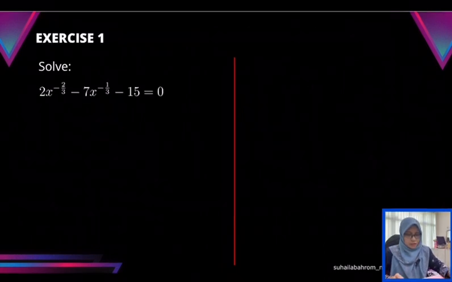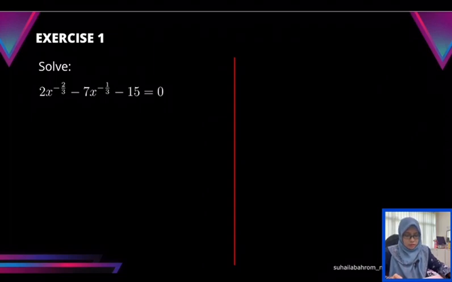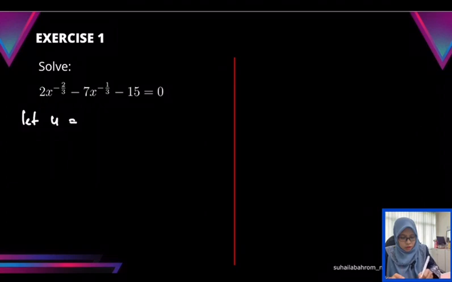Okay, let's try this exercise. So we have also an equation in terms of exponent. In this case, when you look at the exponents, x power of 2 over 3, x power of negative 1 over 3 and negative 2 over 3. So let us let u be equivalent to x power of negative 1 over 3.